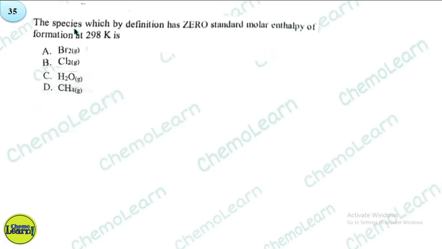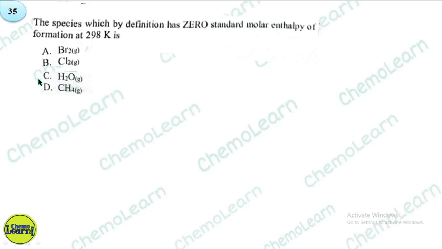Next one. The species which by definition has 0 standard molar enthalpy of formation at 298 Kelvin is what? Br2, Cl2, H2O, or CH4. Here we have to find out the element, and H2O and CH4 are compounds, so they cannot be our right option.